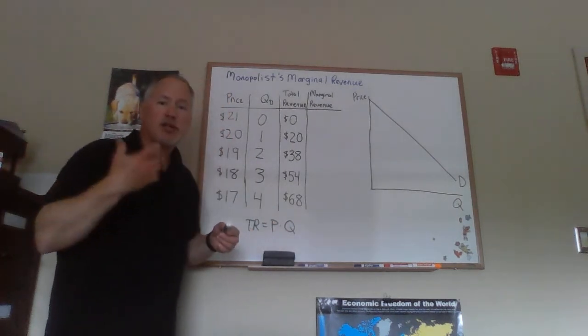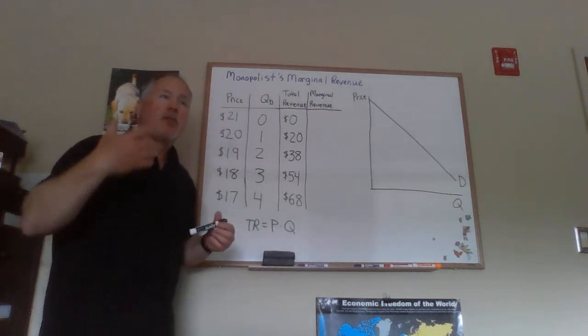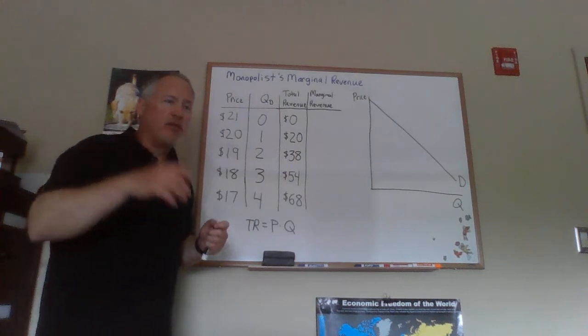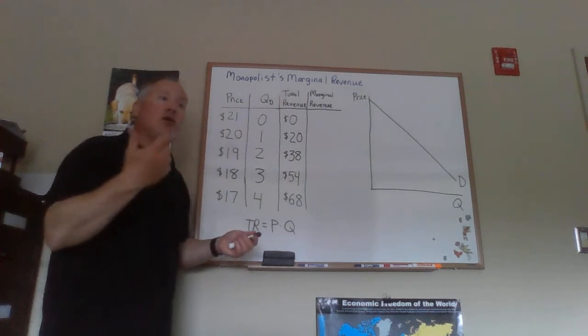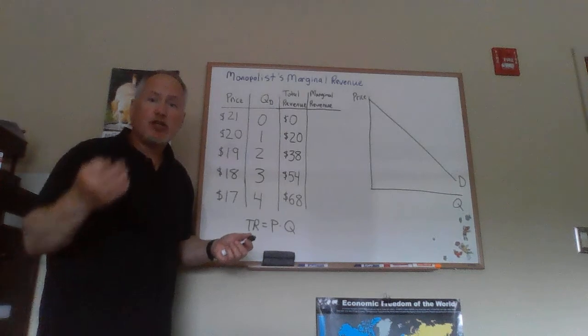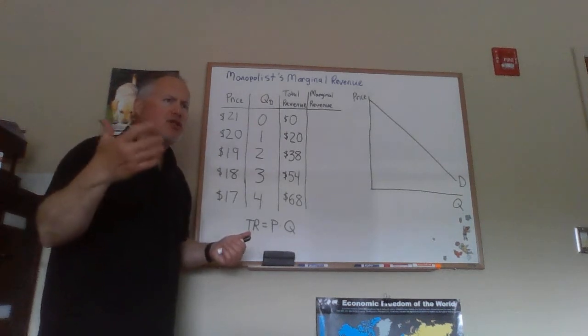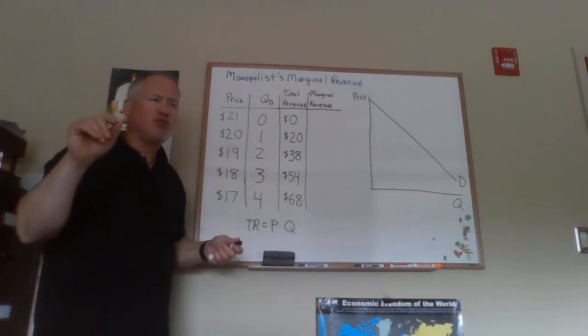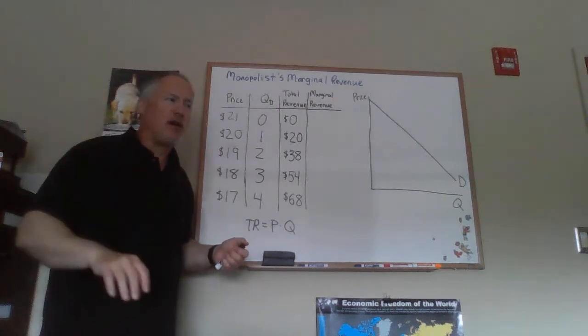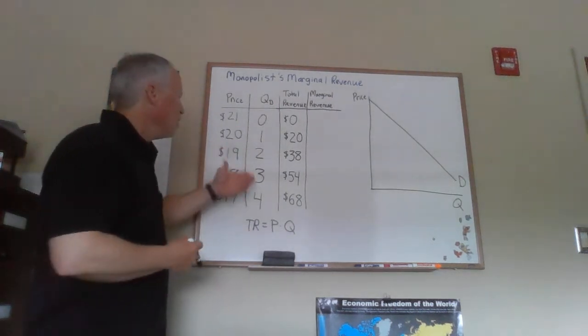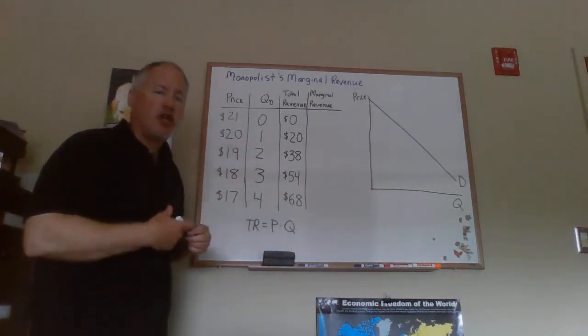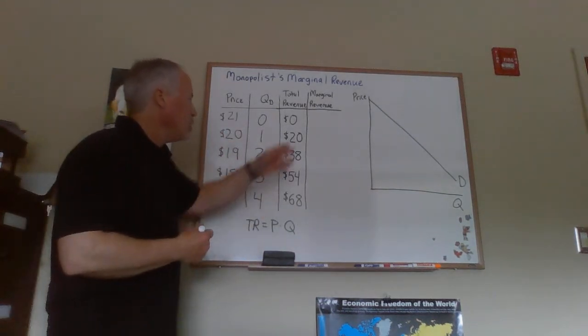Now we want to look and see the marginal revenue. We've already introduced marginal revenue back in chapter 9. Remember, marginal revenue is the change in total revenue when a firm sells one more unit of the good. Or you could calculate it as the change in total revenue divided by the change in number of units sold. But if you're adjusting one at a time, it's just the change in the total revenue.